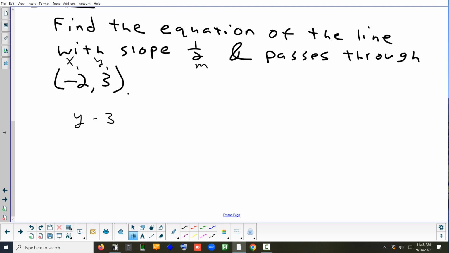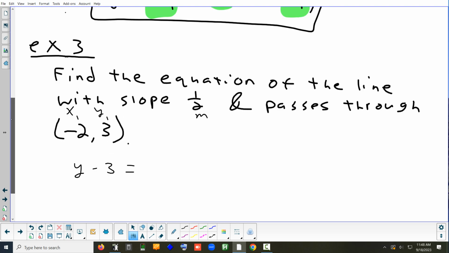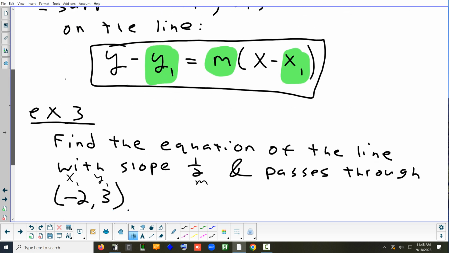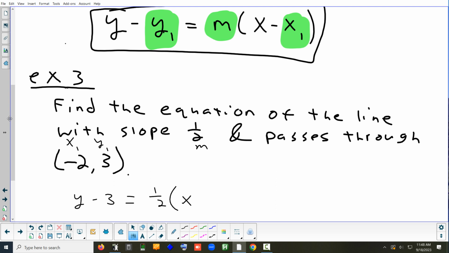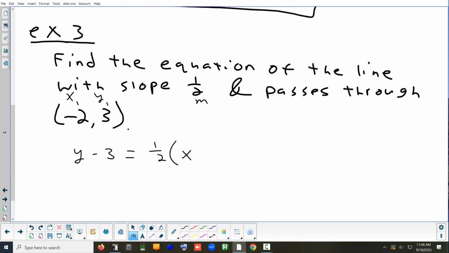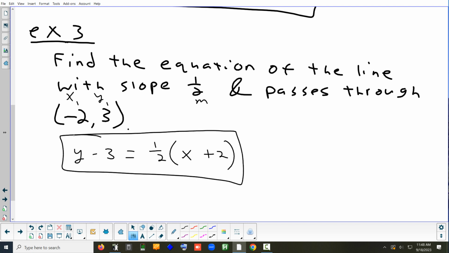So y minus y1 equals m times, now be careful with this, it's x minus x1. It's going to be x minus -2. So what's going to happen there? X plus 2. It's going to become an x plus 2. And that is the equation of the line in point slope.